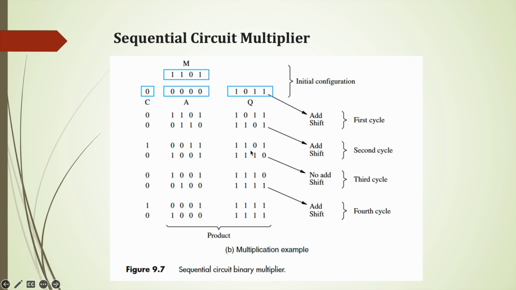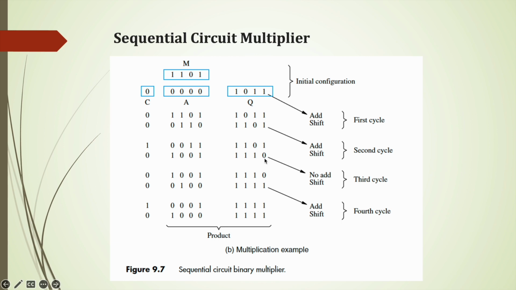So this is the final product after adding the M value to this value. Now we have to shift the values. I copied these to this multiplier bit here and now shift the value. Carry to this place, 0 0 1 1 1 1 here, 0 here, and this one is neglected.